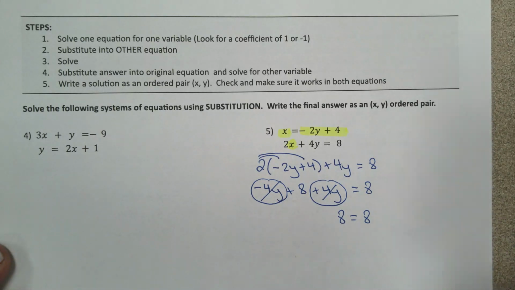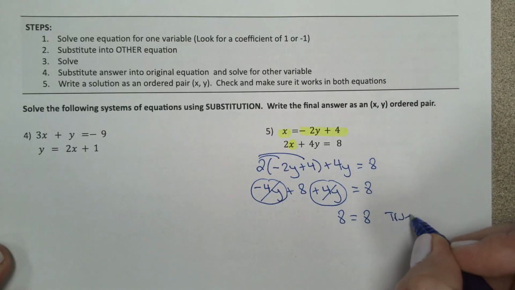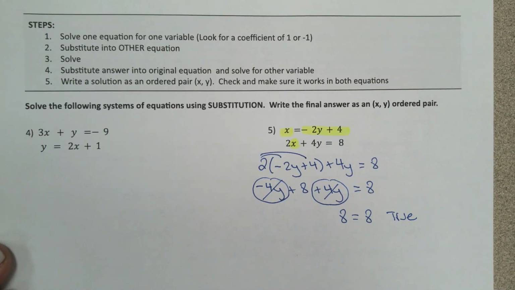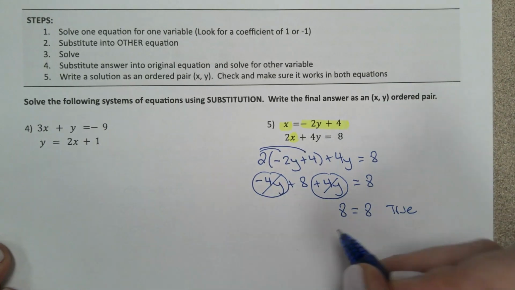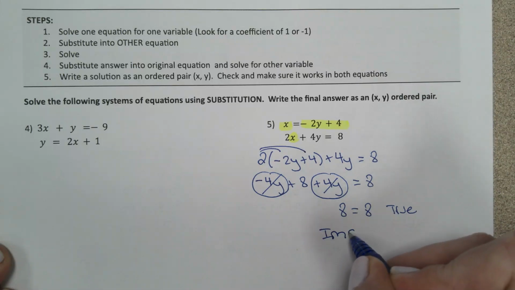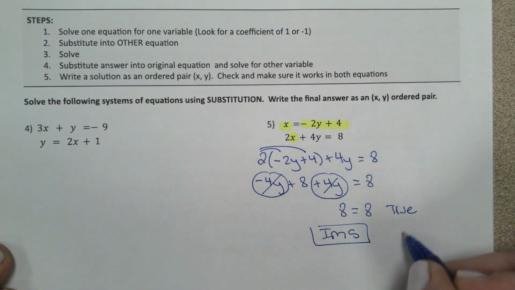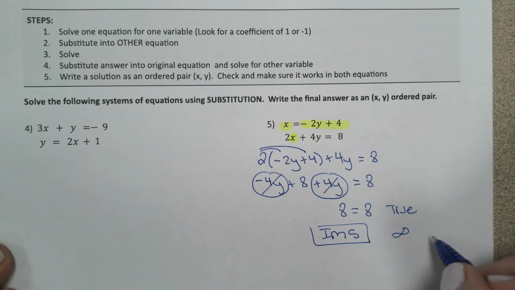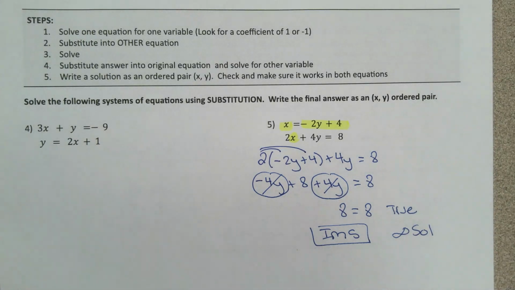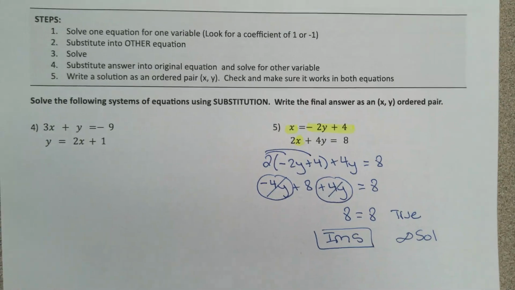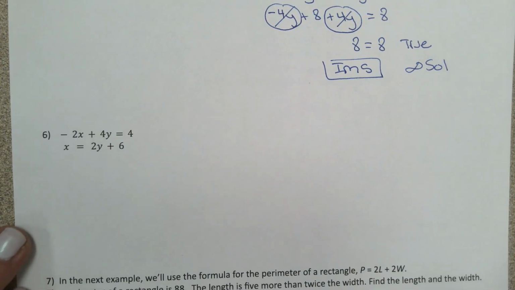So when you have 8 equals 8, that is a true statement. And when you have a true statement, your answer is infinitely many solutions. I've also seen it as use the infinity symbol.